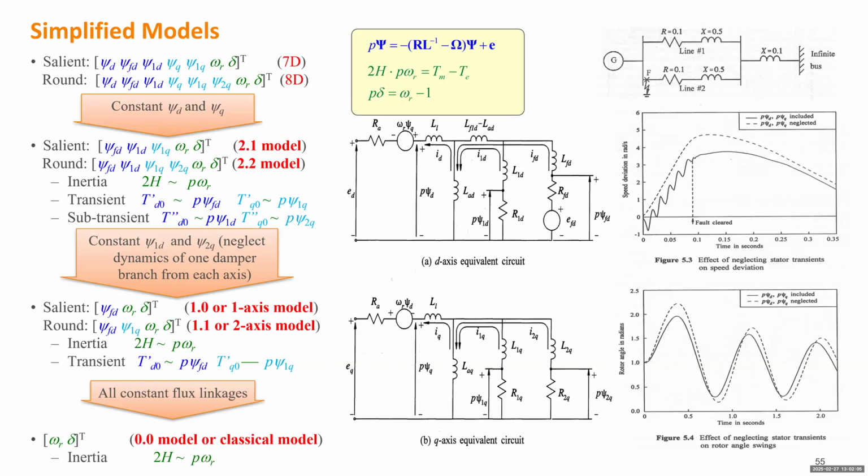So you can use a simplified model from this list, but you have to simulate in three phases. Maybe some reviewers will be fine with using those models as long as you don't want to study the detailed dynamics of the generator. But typically, you need to go back to the original detailed generator model.